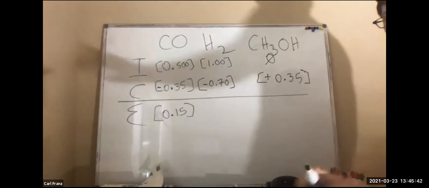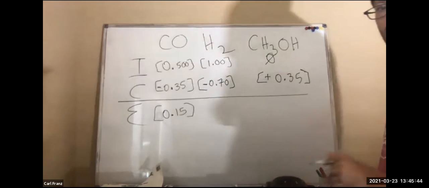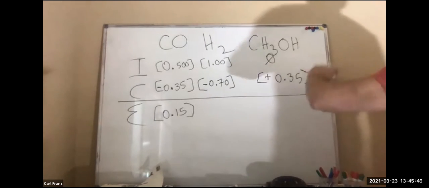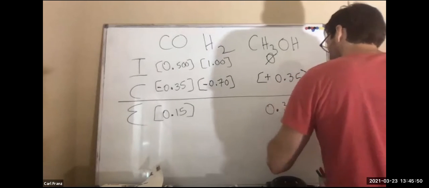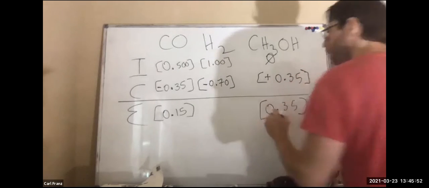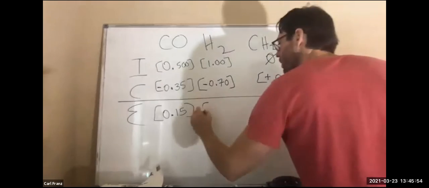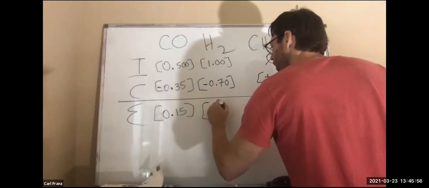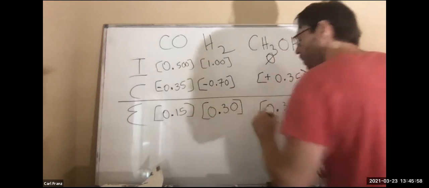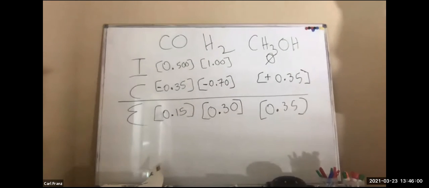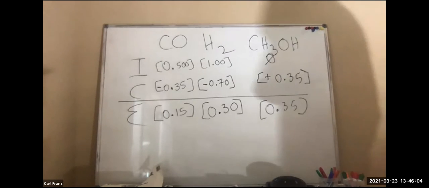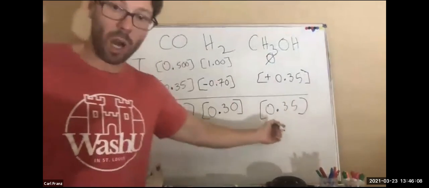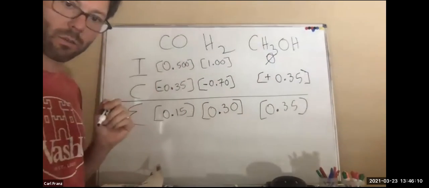And so we end up getting 0.35. And then what's this? 0.30. And now we have everything we need for our equilibrium expression. Products over reactants, right?